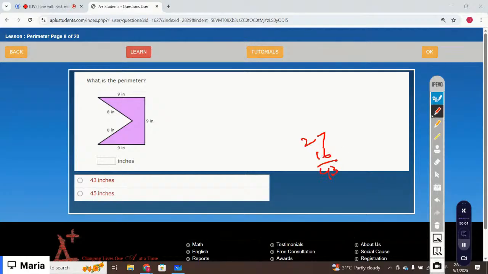Yes, that is 43 inches. Option number 1 is the correct option. Okay, you can complete the lesson by yourself later today.